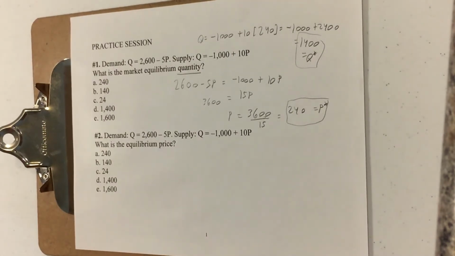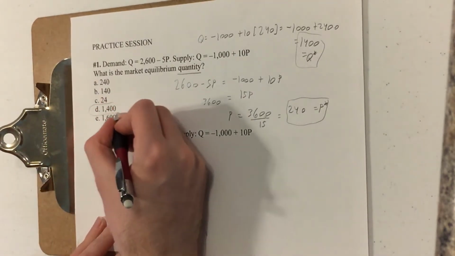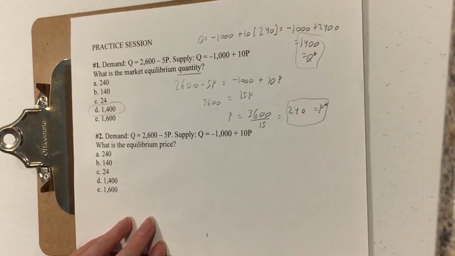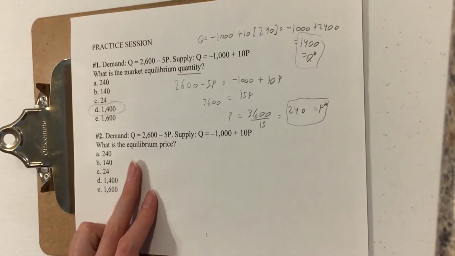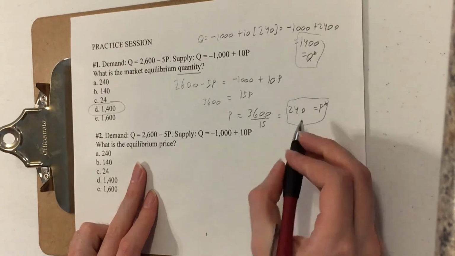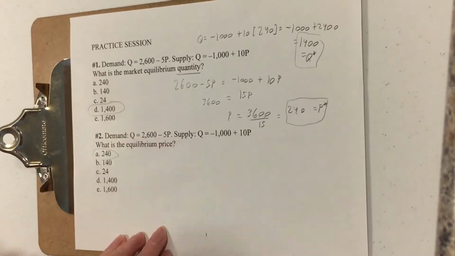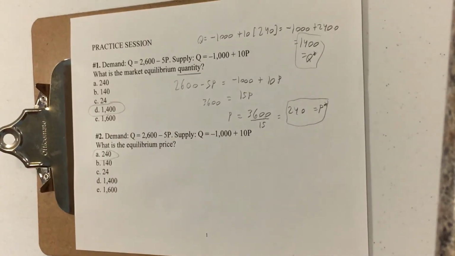So that corresponds to choice D over here. Now, next question asks about equilibrium price, but we already found that on our way to find equilibrium quantity, so we've got that one. So that wraps up problems 1 and 2. So just set supply and demand equal to each other and solve with basic algebra.